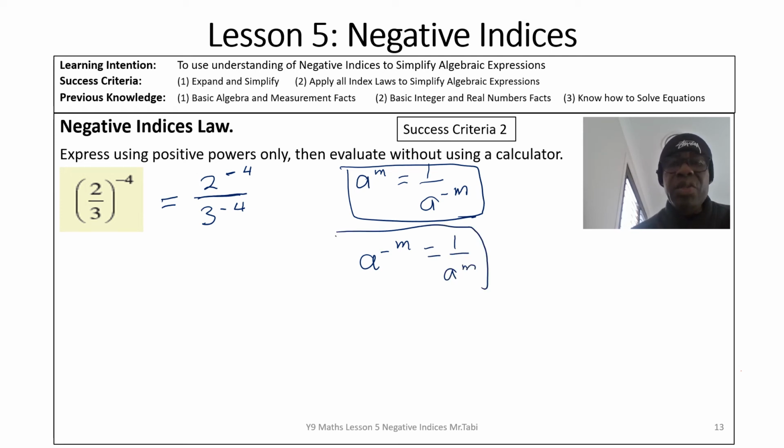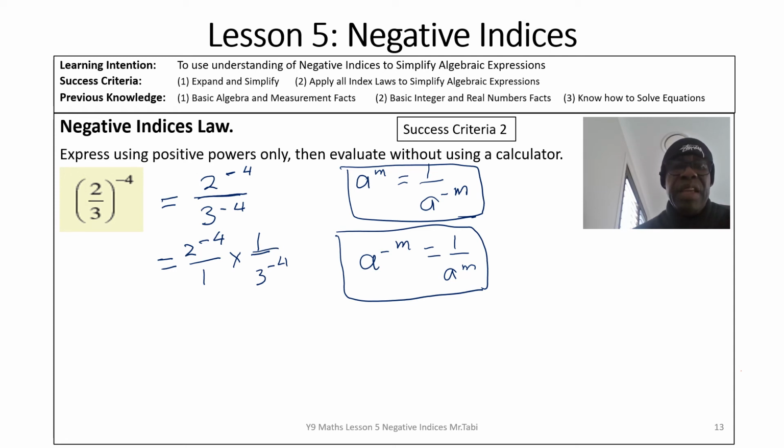Thinking about these two, we'll be able to use this to assist us. So let's write this way: 2 to the power minus 4 over 1 multiplied by 1 over 3 to the power minus 4.